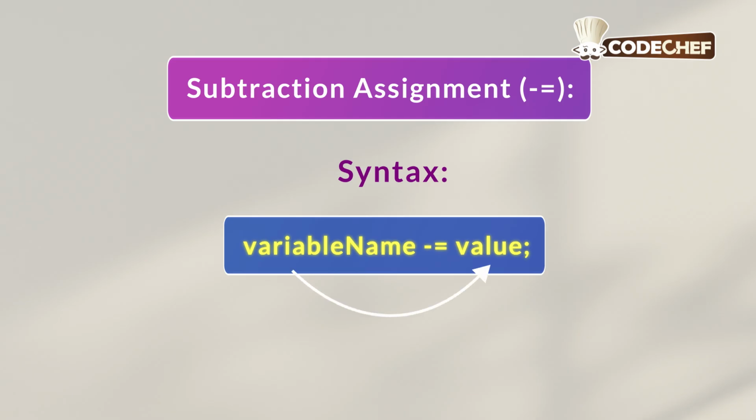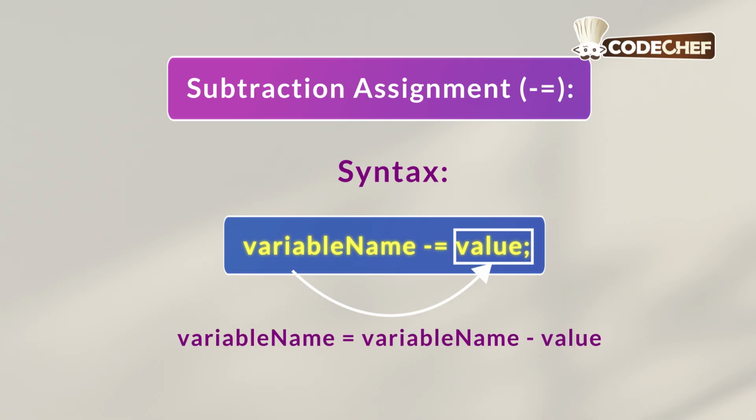From that value we will subtract the value given on the right hand side of minus equal to, and whatever the result is will be updated as the new value of variable name.